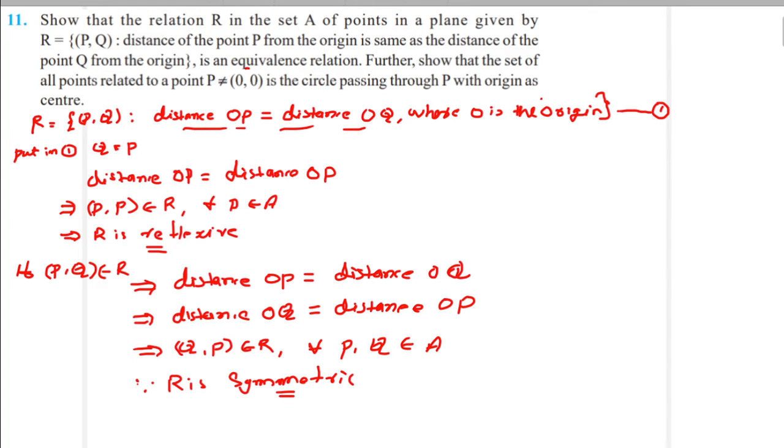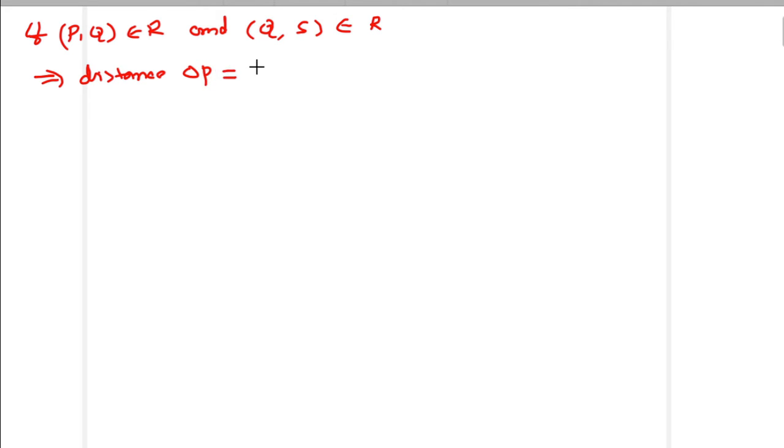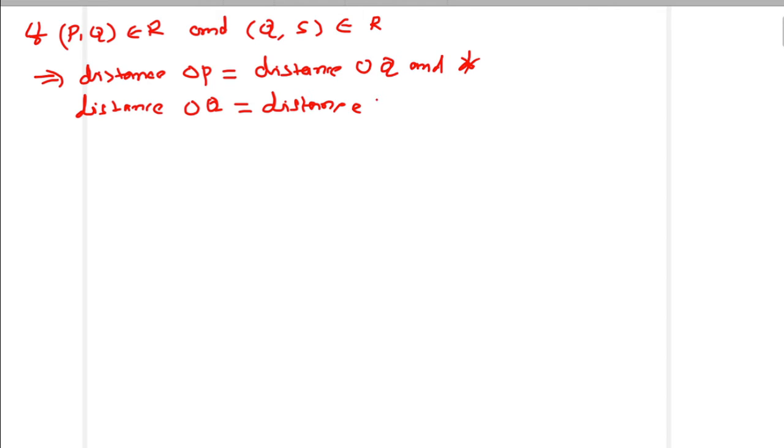Okay. The next, you have to show that it is transitive. Further, if (P, Q) belongs to R and (Q, S) belongs to R, this implies distance OP is equal to distance OQ, and (Q, S) belongs to R means distance OQ is equal to distance OS.